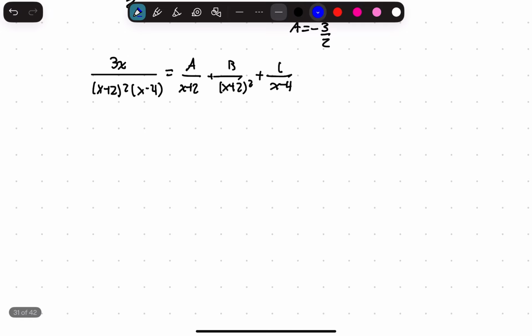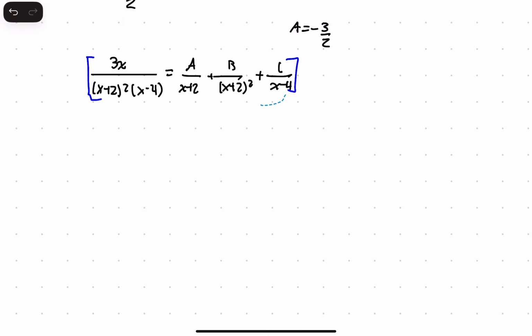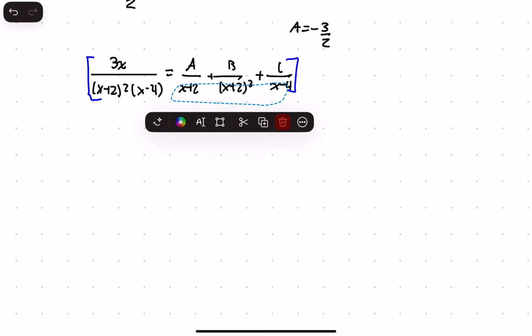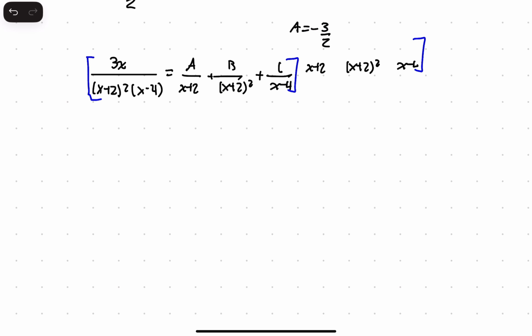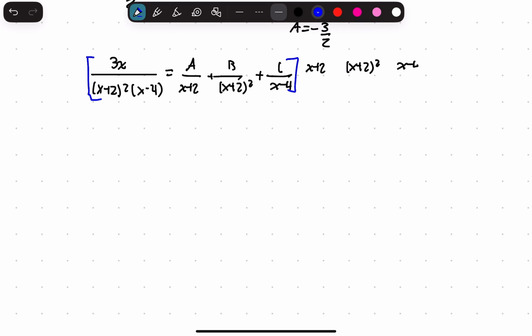Now, what you're going to do is multiply everything by these factors. So in doing this, then this cancels out with this, and this cancels out with this.